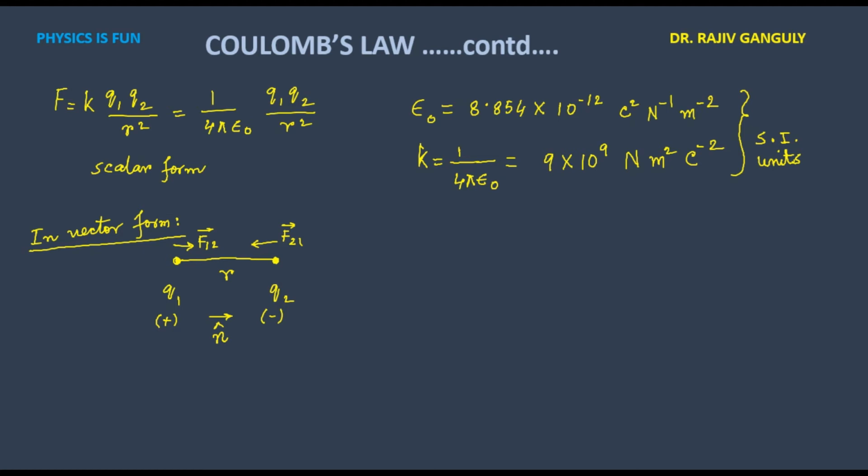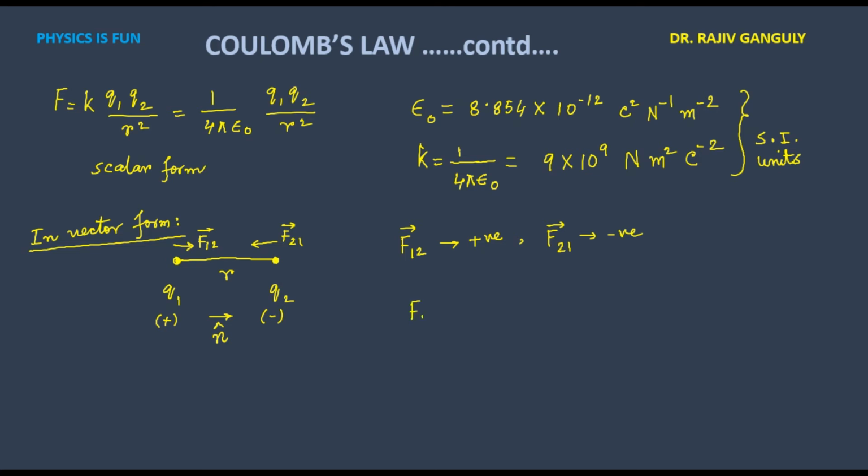So that gives us an estimate that if we consider this as the direction of the unit vector, F12, this particular vector, will be positive, and F21 will be negative. And of course, the expression remains the same.